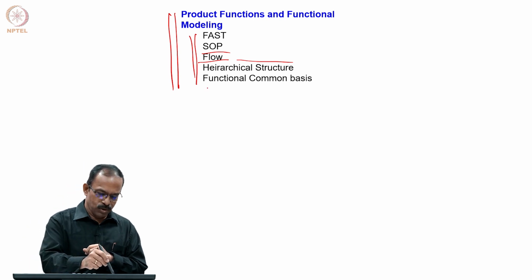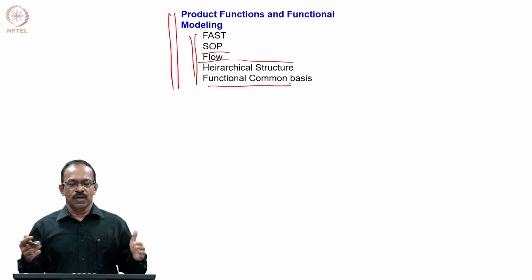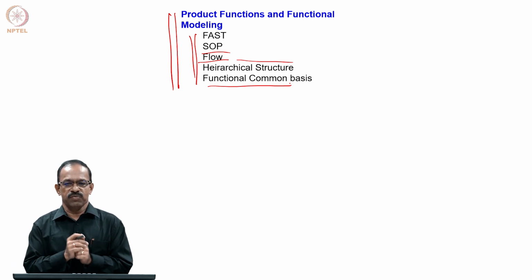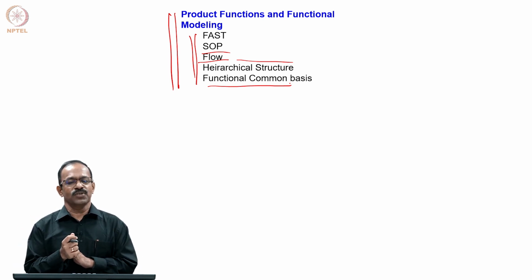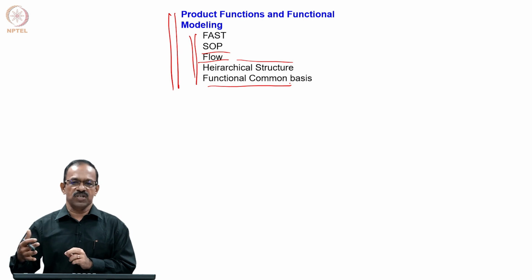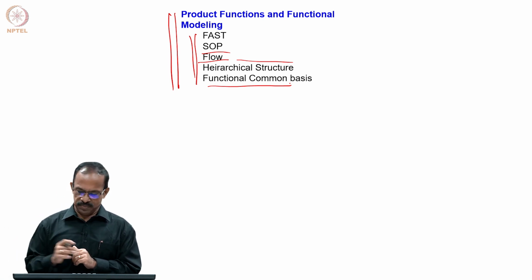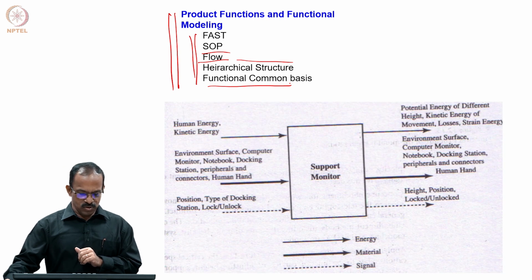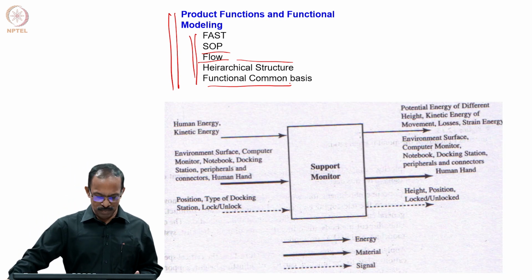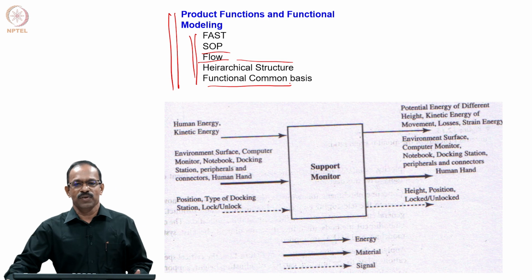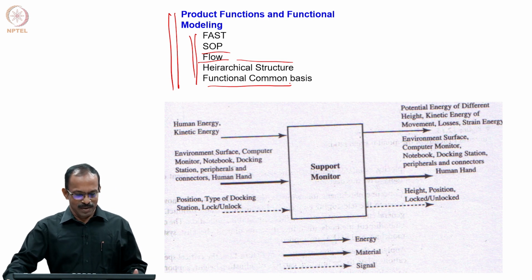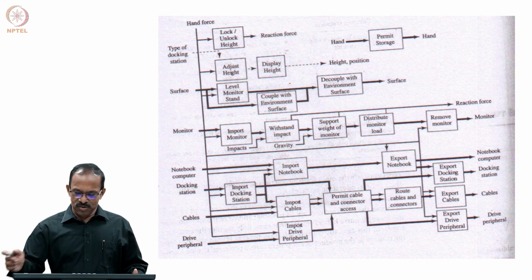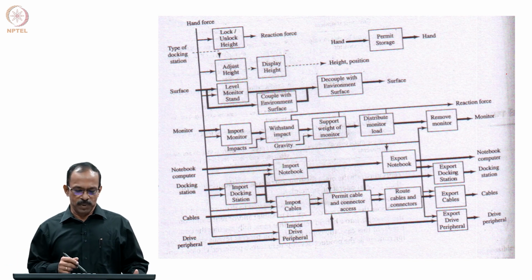And we discussed that when we develop the functional decomposition we have to use a functional common basis, so that you will be able to represent the function irrespective of the domain. And the next stage was, this is an example for the flow method of functional decomposition. It again shows how we do the flow method of decomposition.